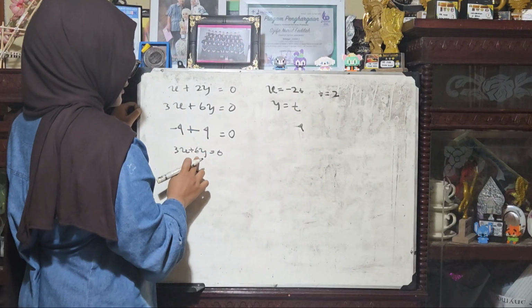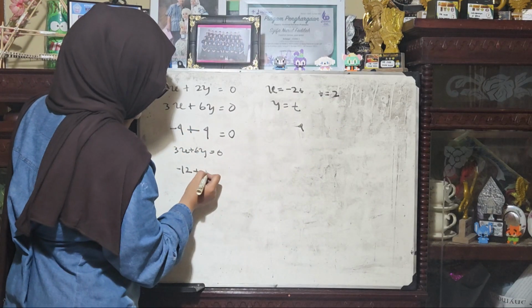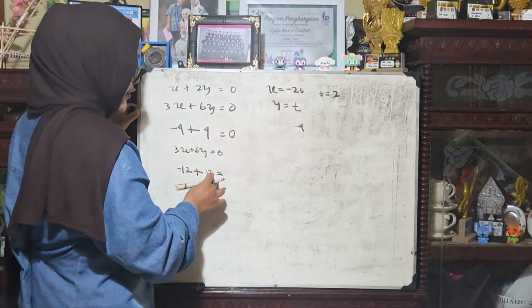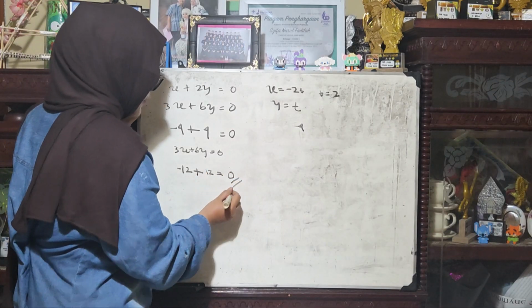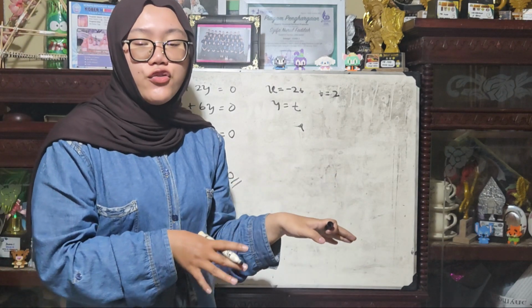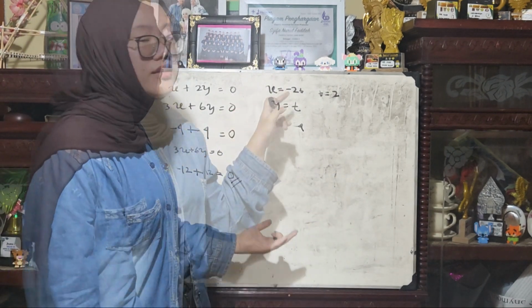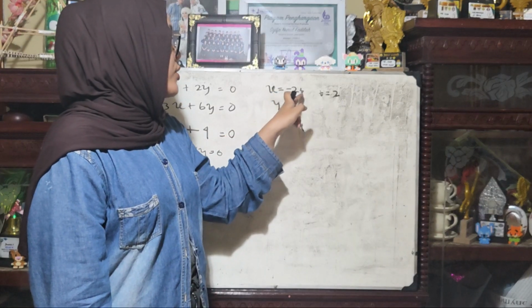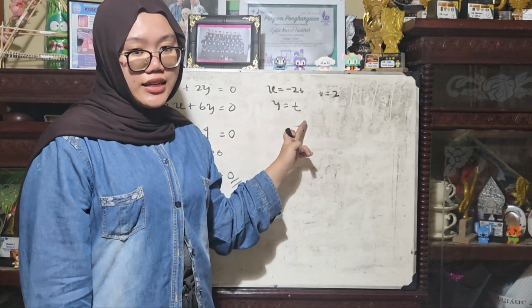So 6 times 2 equals 12. Minus 12 plus 12 equals 0. So we have finally found the solution for our homogeneous system. The solution is x equals minus 2t and y equals t.